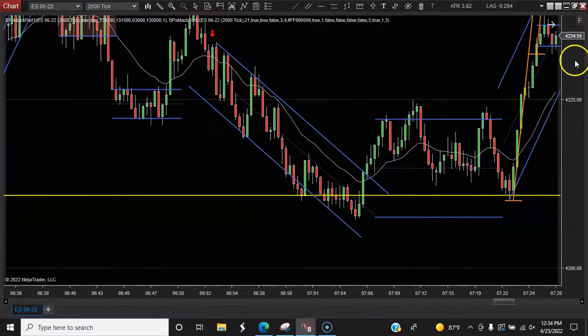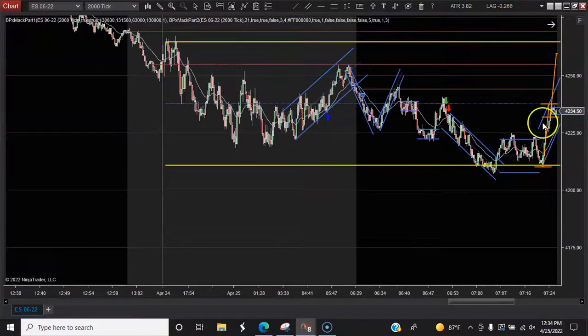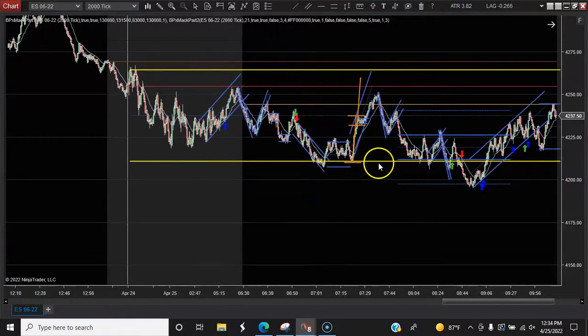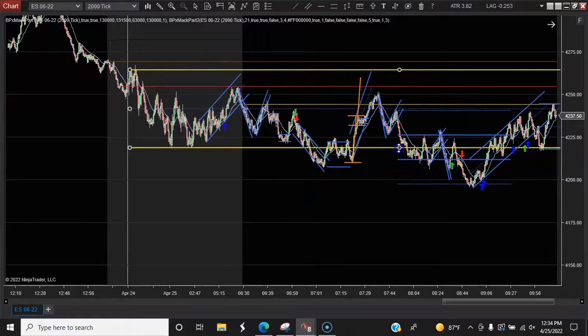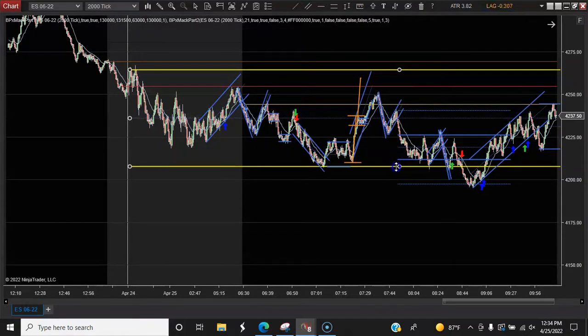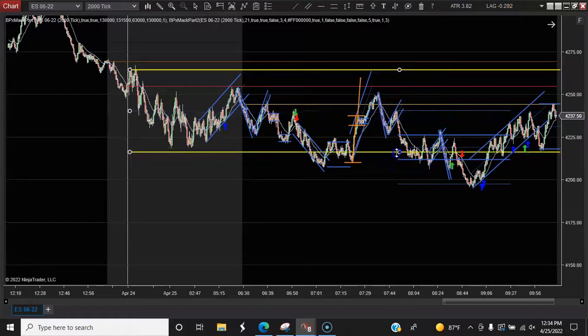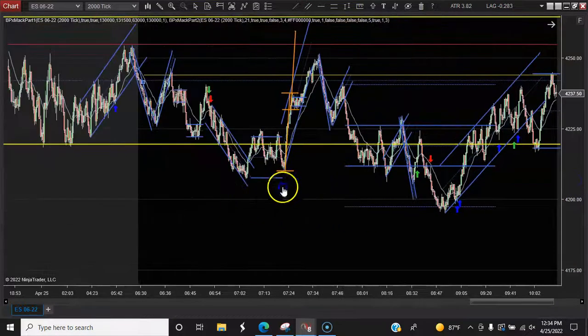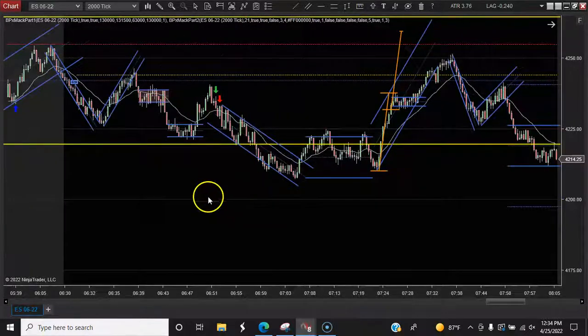Oh, okay. I must have accidentally moved my highs and lows, because this is the overnight lows. I don't know what the heck I would have been thinking. I must have just accidentally clicked it.